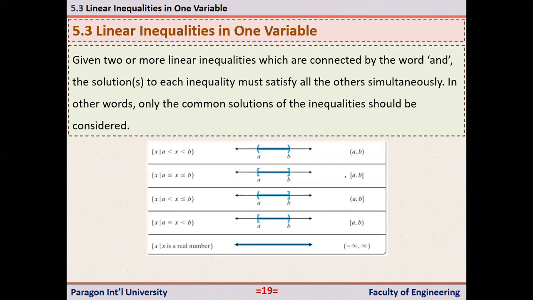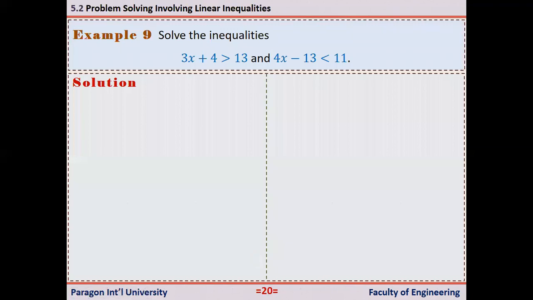And how do you show this? Using brackets, or rectangular brackets. This is half closed, semi-closed from the left-hand side. It does not contain this point on the right-hand side. Also B is the solution, and this is how we denote the solution in set form. This is just the algebraic solution. This one is on the number line, illustrating the solution set on the number line, and this one is using set form.